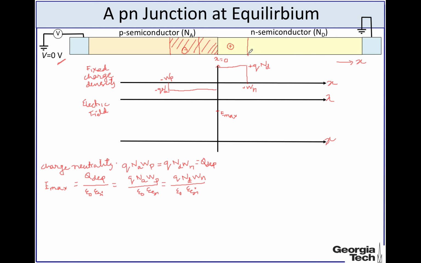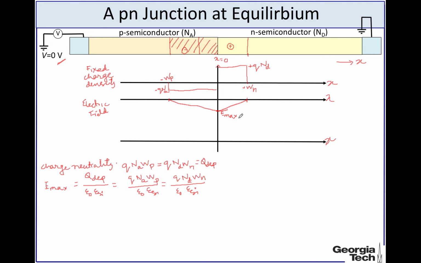At this edge, all the electric charges are compensated, so the electric field will be 0 at W_n. The electric field will linearly decrease from negative E_max to 0, and similarly it will go from E_max to 0 at negative W_p.